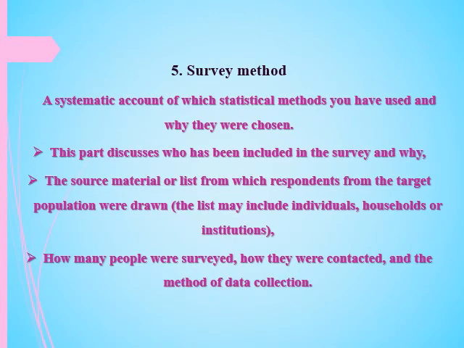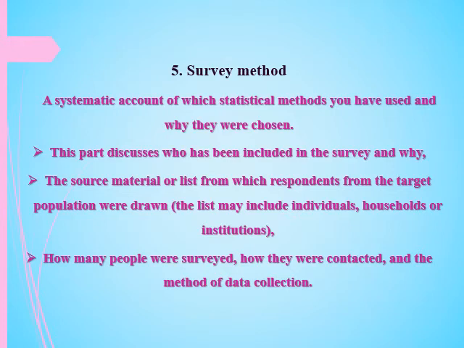The fifth section is the survey method. In this section, a systematic account of which statistical methods you have used and why they were chosen. This section represents the main body of the statistical report. Here we put the methods that we use and why we chose this method and not another method.